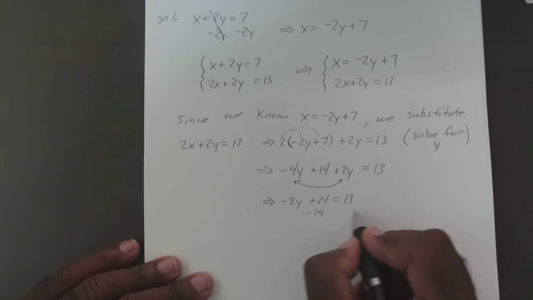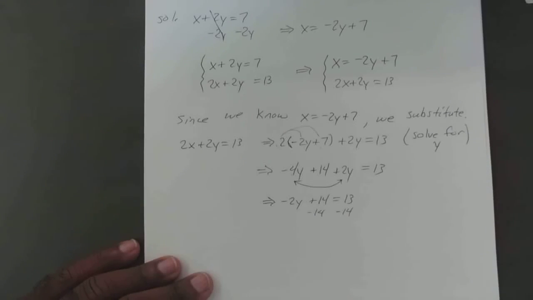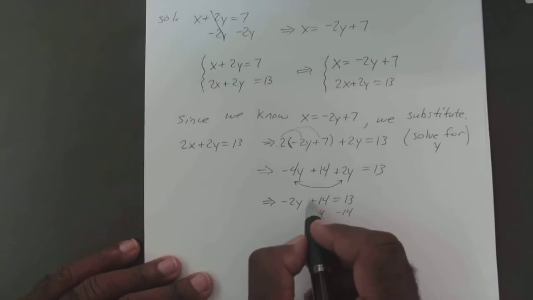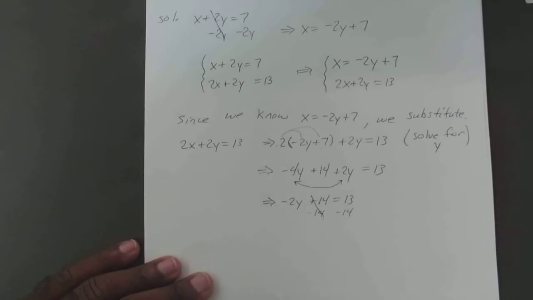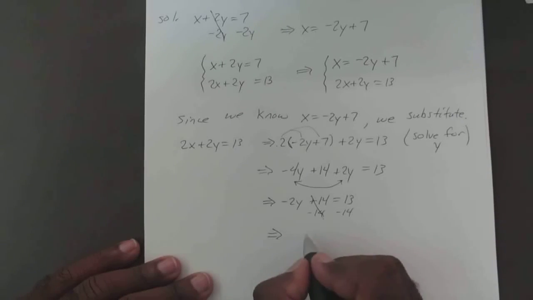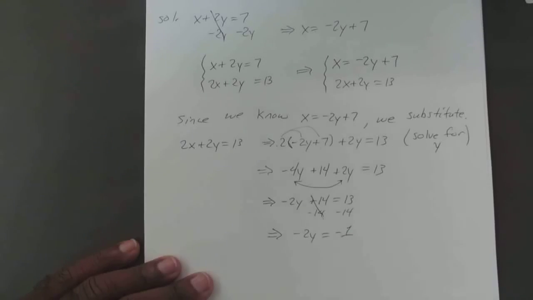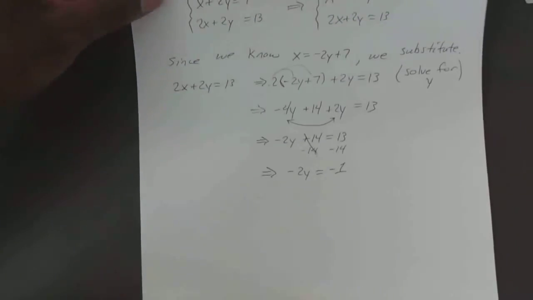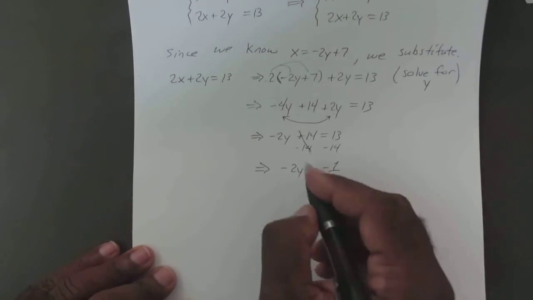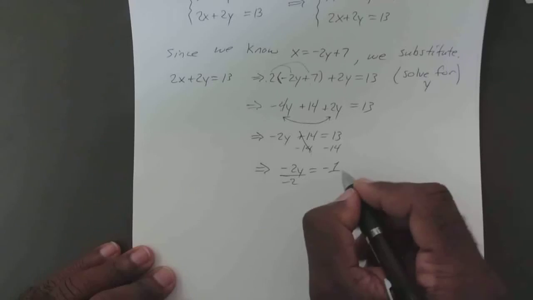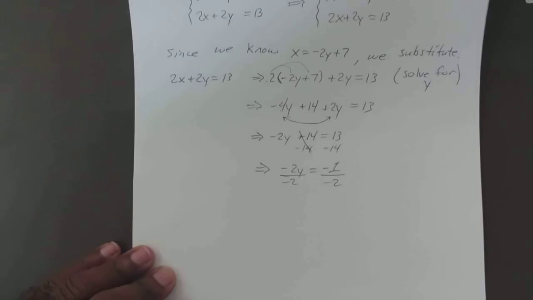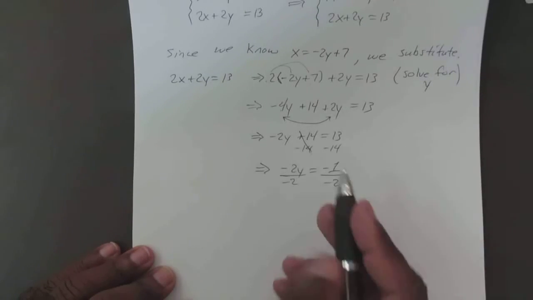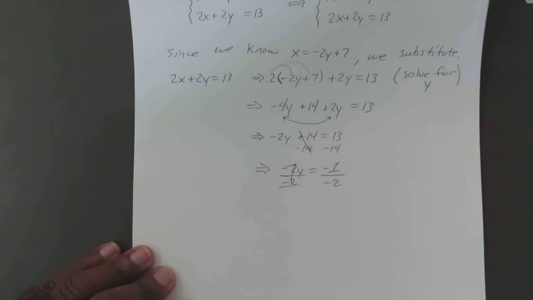Okay, so if we subtract 14 from both sides, 14 minus 14 is 0, so that cancels out. That gives us negative 2y equals negative 1. So if we divide both sides by negative 2, anything divided by itself is just 1.